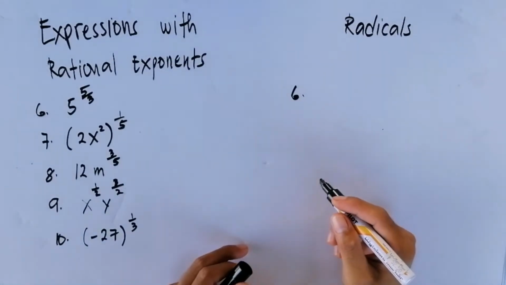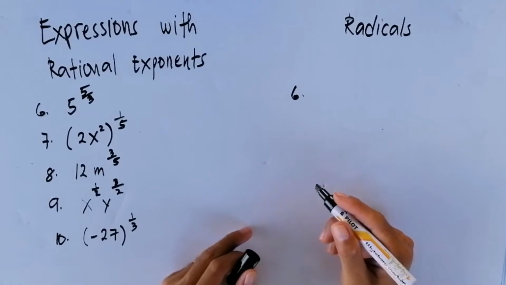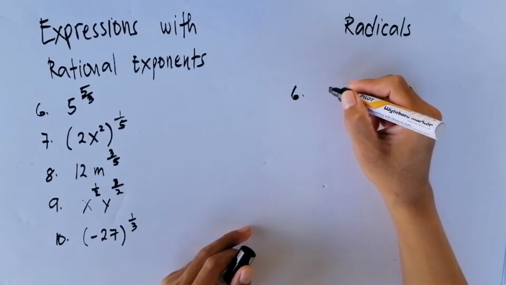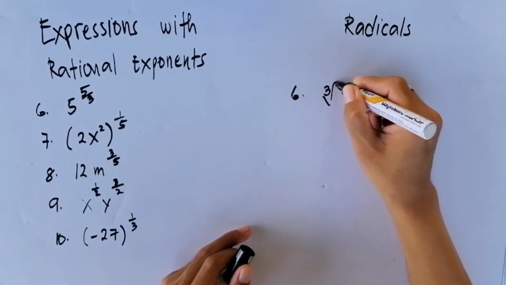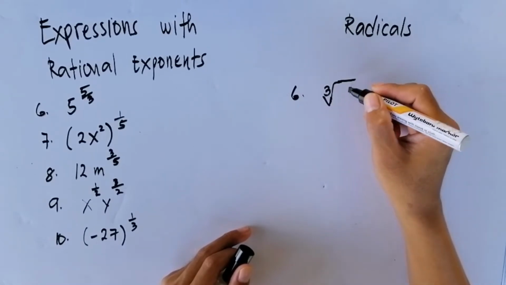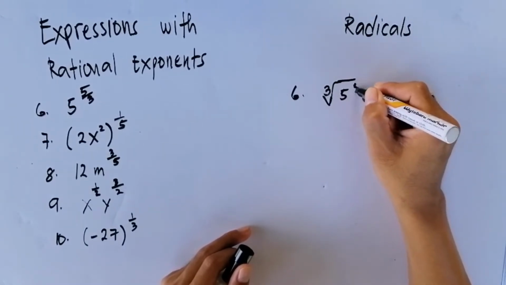Number 6, 5 raised to 5/3. So the answer is the cube root of 5 raised to 5.